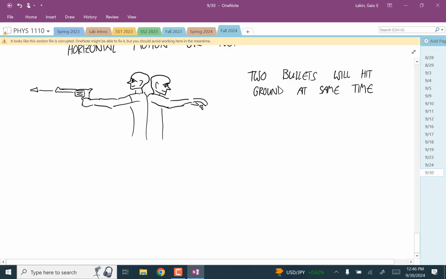Okay, so here are the calculations. Let's calculate it first for a bullet dropped from 1 meter off the ground.